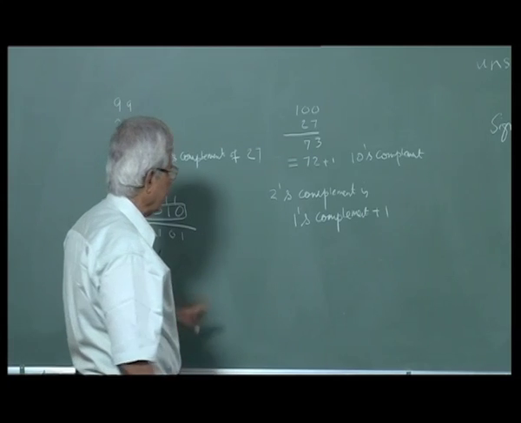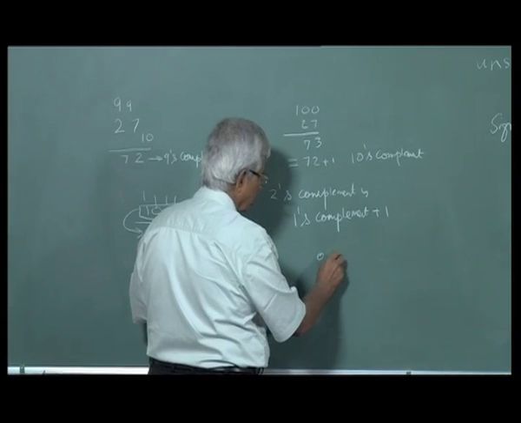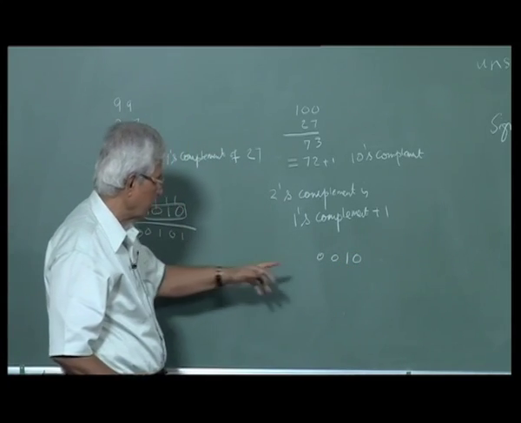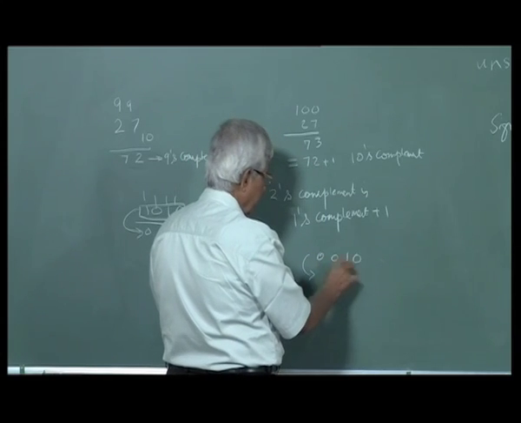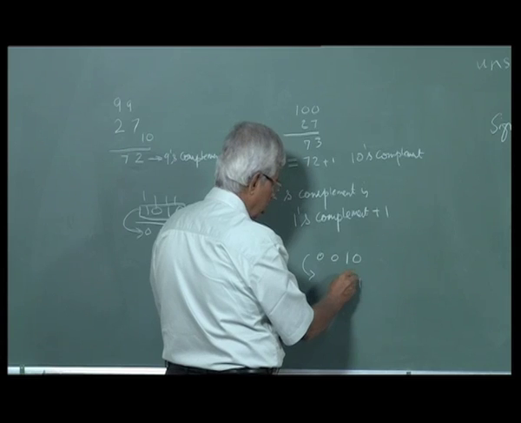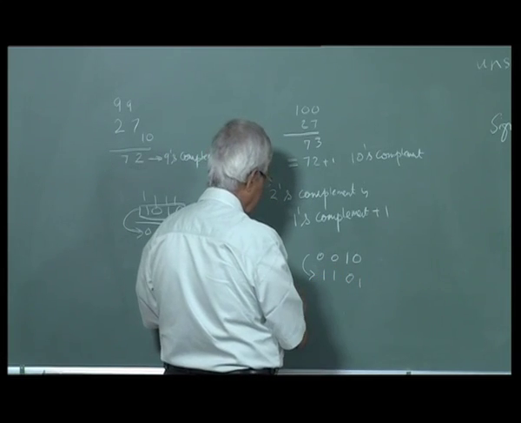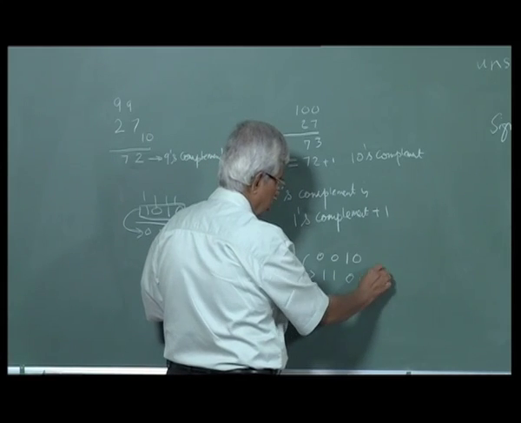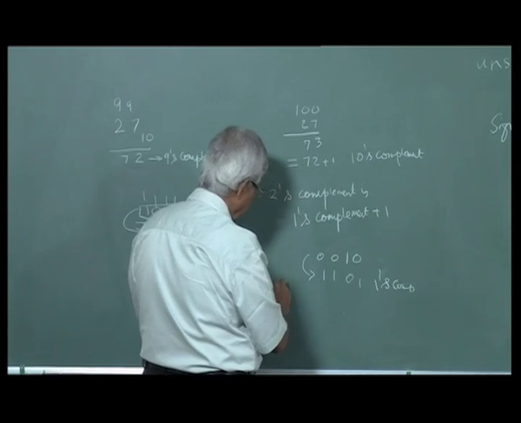So let us again take a 4-bit number. We will consider a positive number 0 0 1 0. Its 1's complement will be, make it negative, this becomes 1 1 0 1. This is the 1's complement. Add 1.